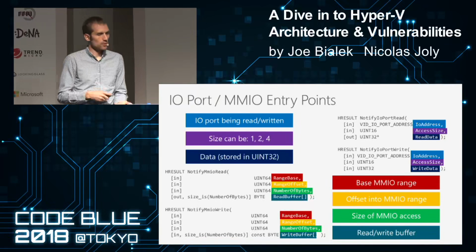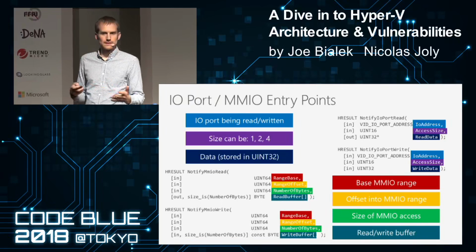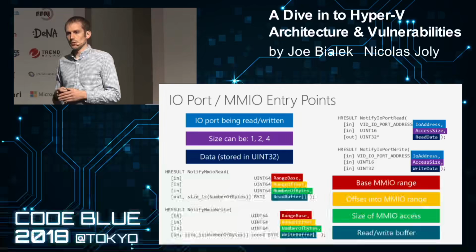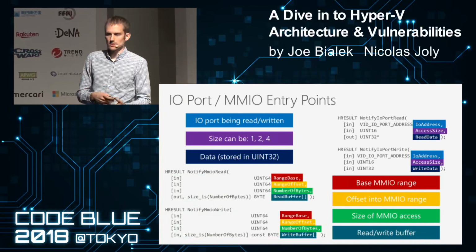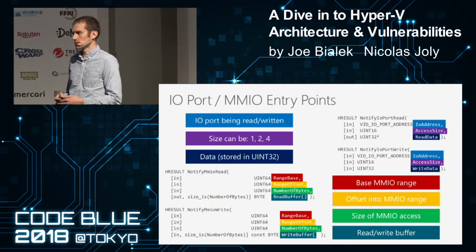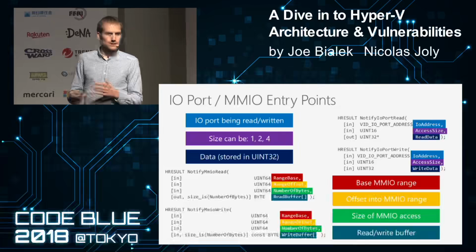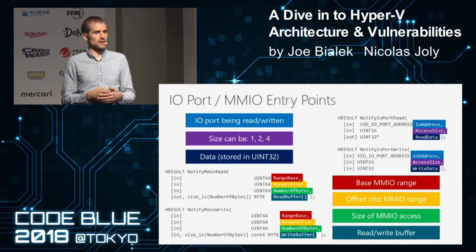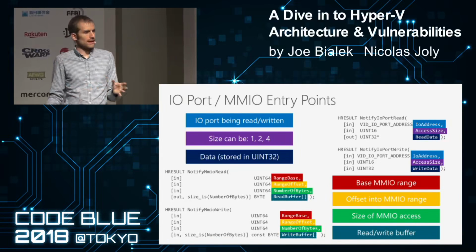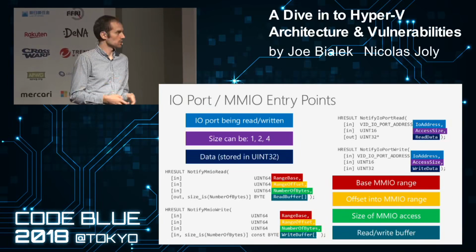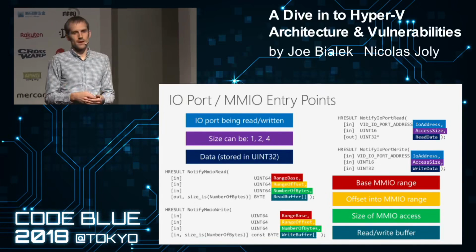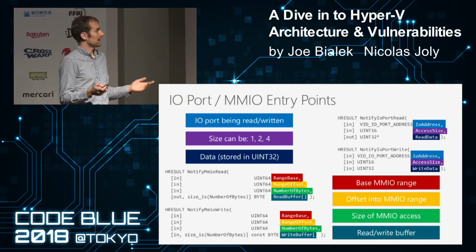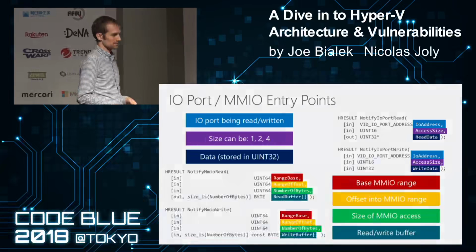So at this point, I hope that you guys have at least a somewhat decent understanding as to what sorts of attack surface there is in Hyper-V, what sorts of services we need to provide to virtual machines, and what sorts of interfaces we commonly use to bridge that gap between the guest and the host operating system. And so now Nico wants to walk you guys through some of the cool bugs that we found in Hyper-V that lie behind these communication channels.